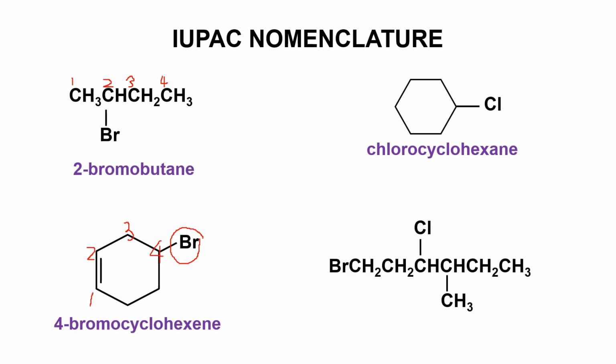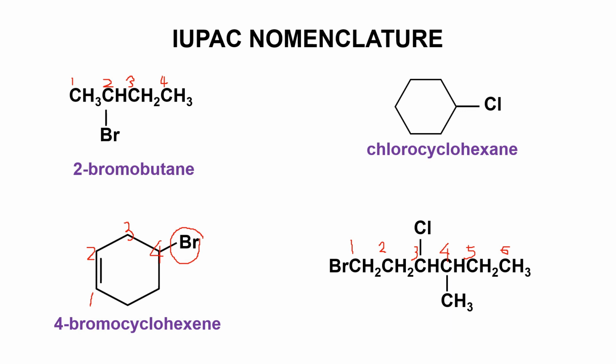The fourth example, so you have to do trial and error. If you start numbering carbon 1 beginning at the left side of the chain, 1, 2, 3, 4, 5, 6.